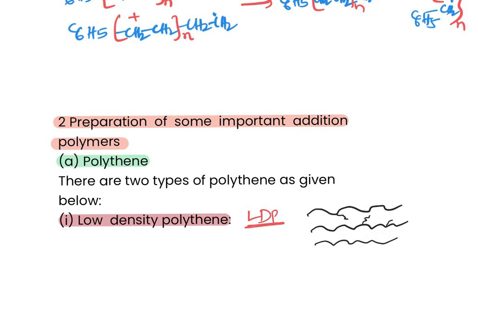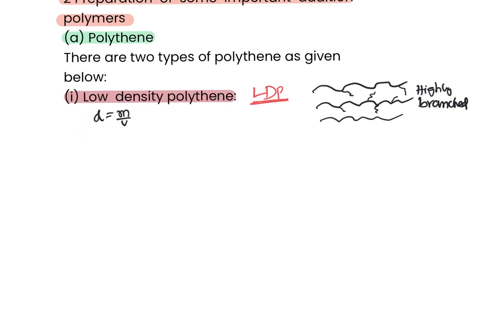Due to these branches, the volume increases and the density decreases. We know the density formula, M by V: volume increases, density decreases. That's why low density polyethylene is highly branched. When it is highly branched, packing will be loose, therefore density will be less. So how to prepare this one?